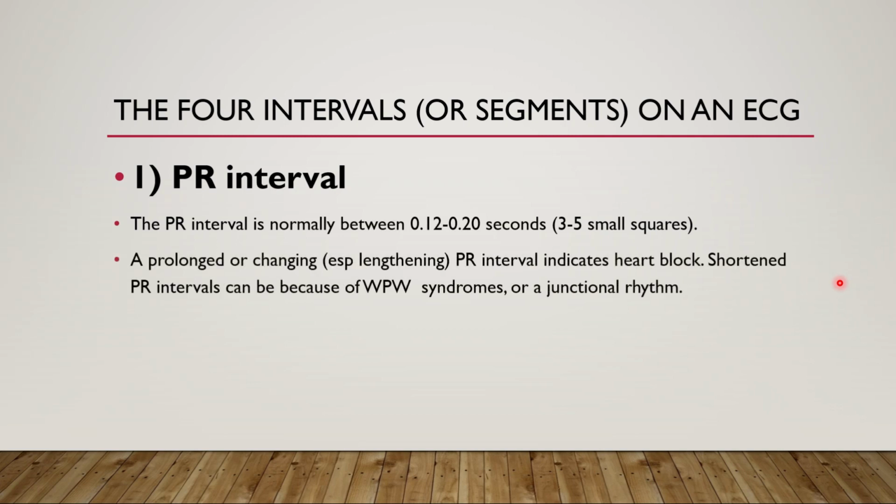A prolonged PR interval or a PR interval which is changing its length indicates a heart block. Similarly, a PR interval which is less than 3 small squares or 120 milliseconds, along with the presence of an initial slurred portion of the QRS complex, indicates presence of WPW syndrome.